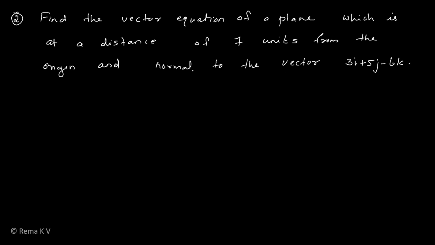The plane is normal to the vector means perpendicular to this vector. So you have to check the magnitude of this to identify whether this is vector n or n cap.